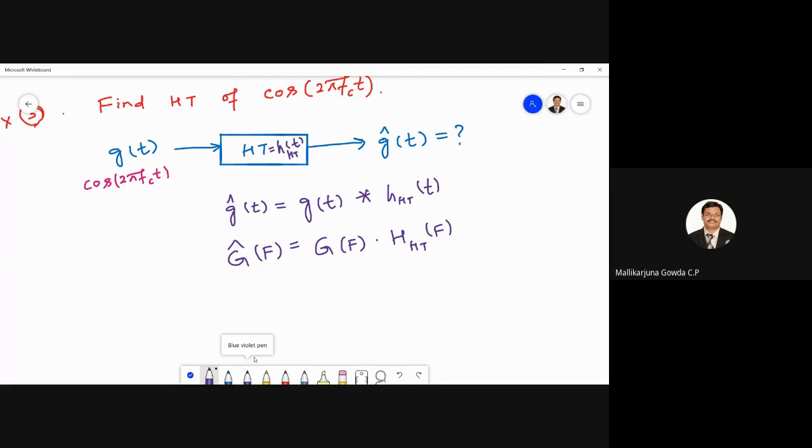Last semester we discussed it a hundred times, a thousand times. Abhishek Reddy, can you tell what is the Fourier transform of cos 2 pi fct?